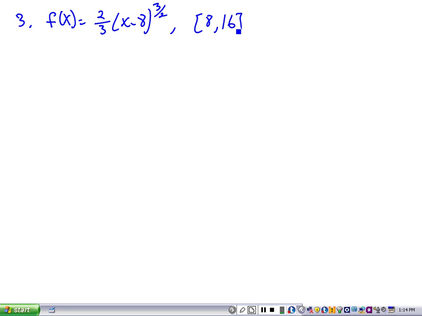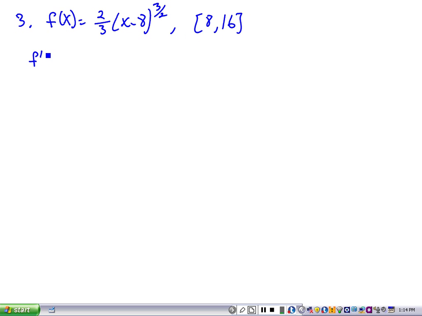Number 3, we're going to find the arc length. They give us a function f of x is equal to 2/3 times x minus 8 to the 3/2 power on the interval from 8 to 16.